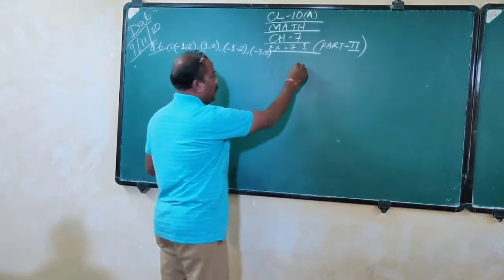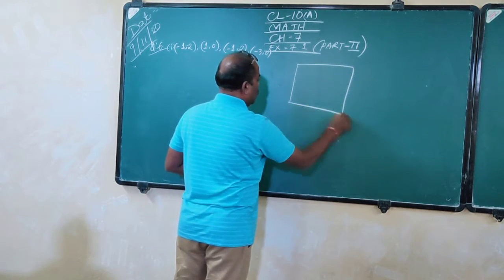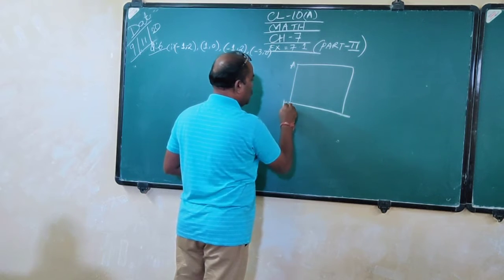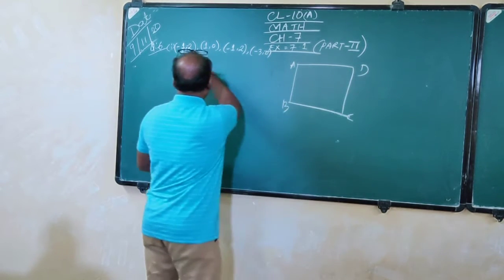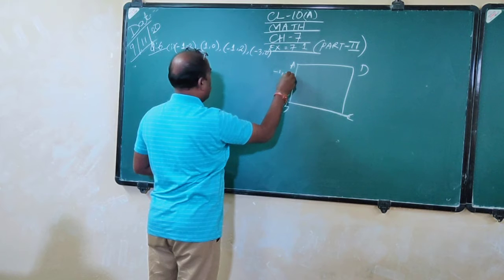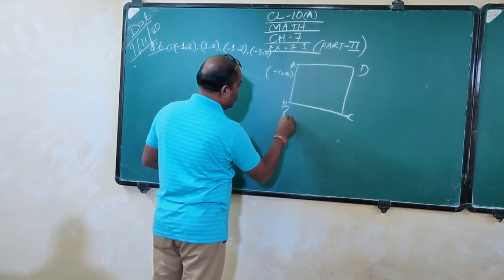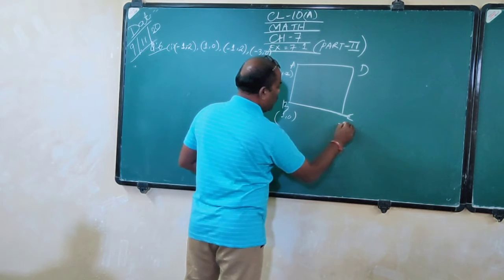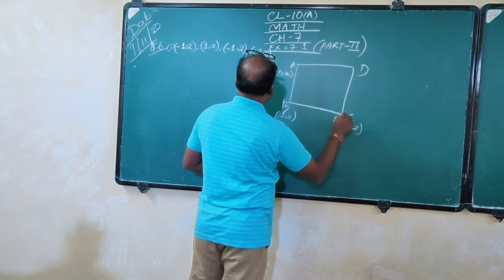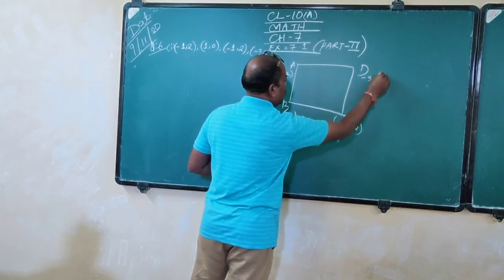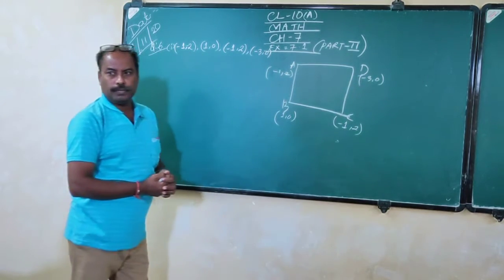If I take one figure, suppose like this, and take A, B, C, D, then A point may be -1, -2. B point may be 1, 0. C point may be -1, 2, and D point may be -3, 0. These are the coordinates.